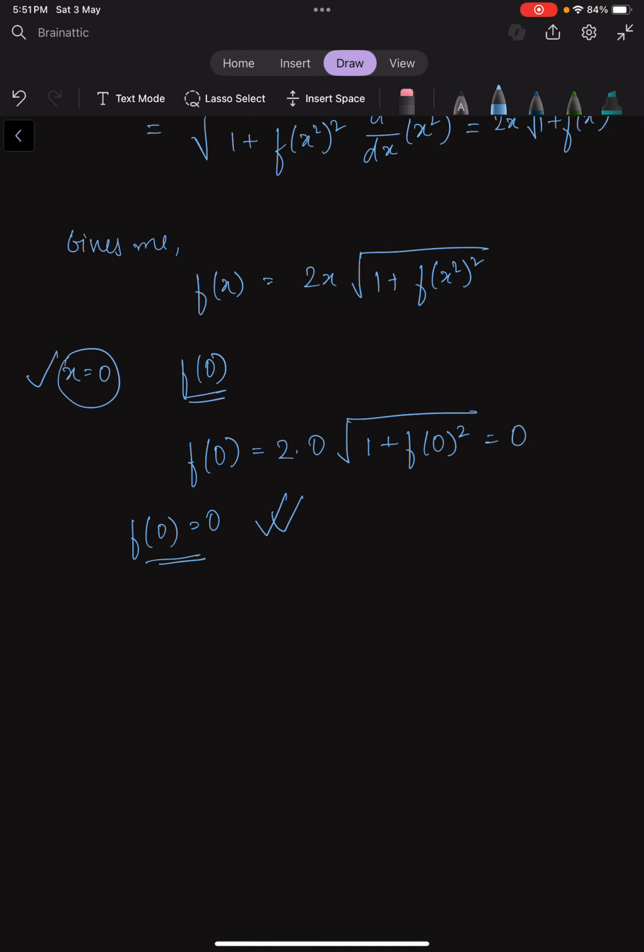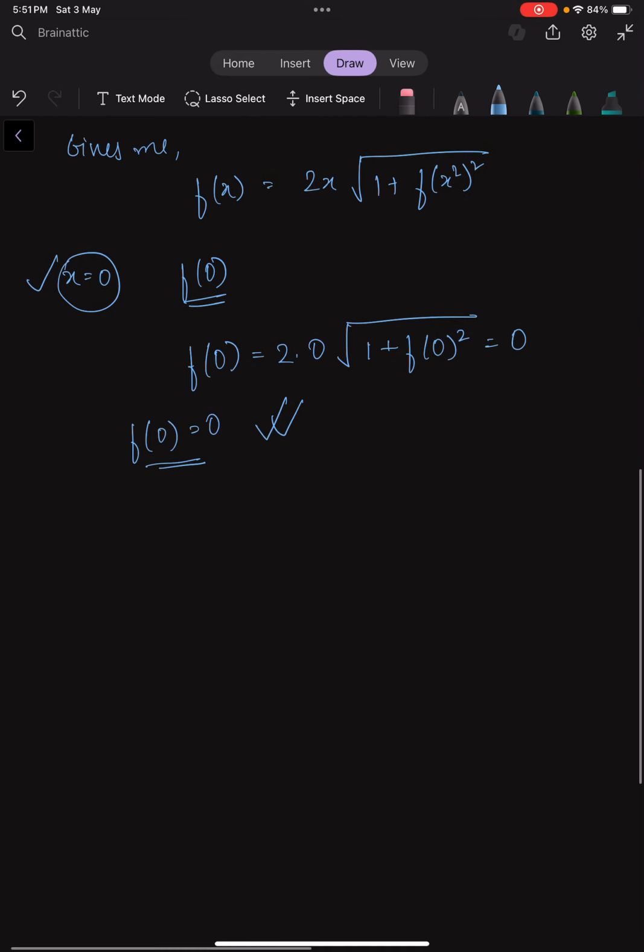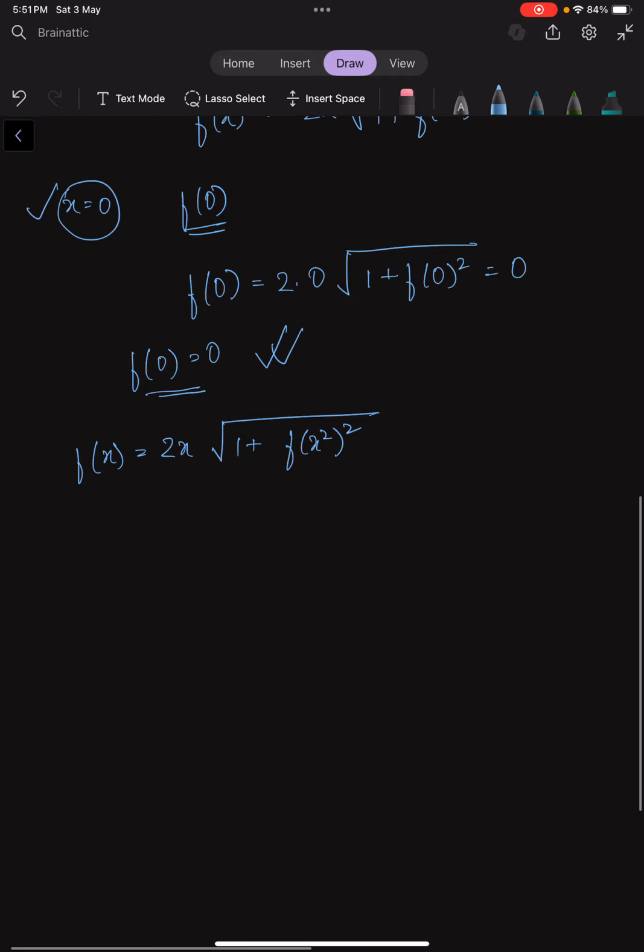Okay, so for that matter, we have f of x is equal to 2x root under 1 plus f of x^2 whole square. Correct? Now if we do f of x^2, this comes out to be 2x^2 root under 1 plus f of x^4 whole square.